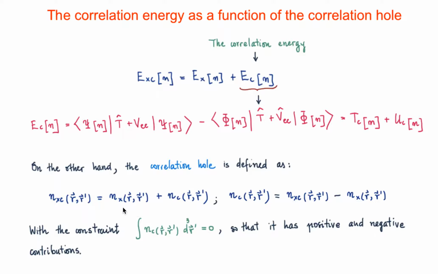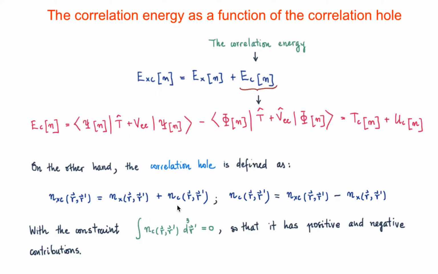The exchange hole was used in order to analyze the exchange energy functional. And this reduced exchange and correlation hole has some interesting constraints. For example, one of these constraints is that when doing the integration over r prime, it is equal to -1.